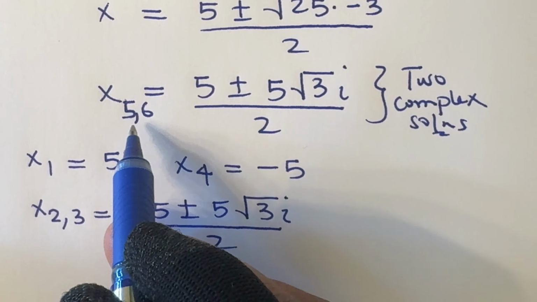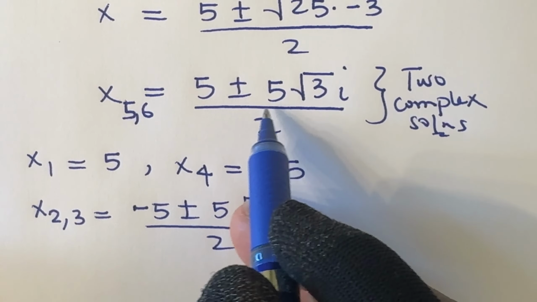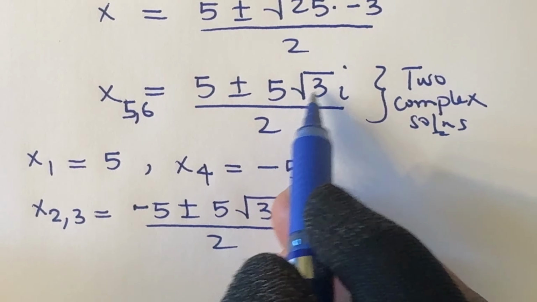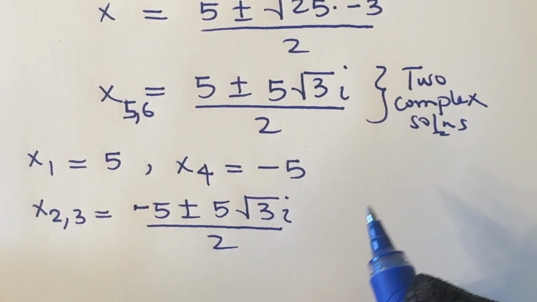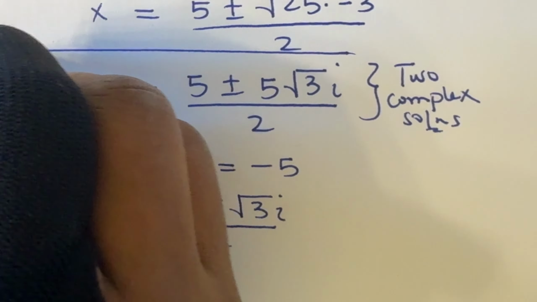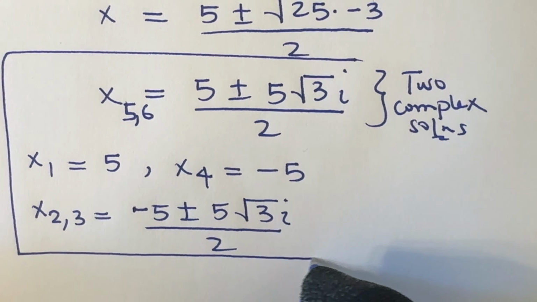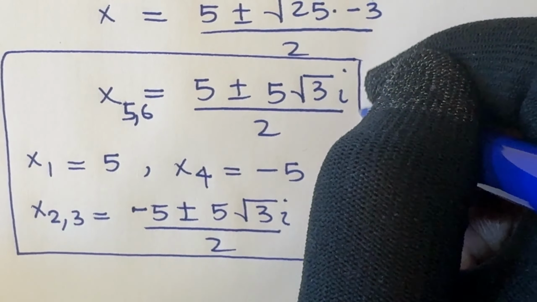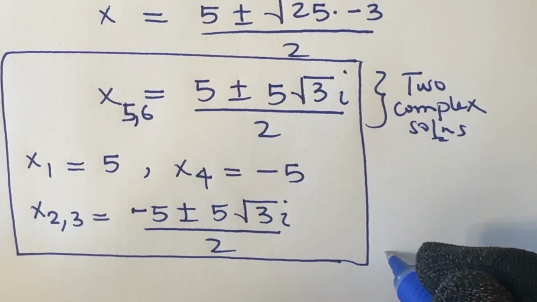And then we have our x5, x6 here: 5 plus or minus 5 root 3i over 2. So all of these are the 6 solutions to this problem.